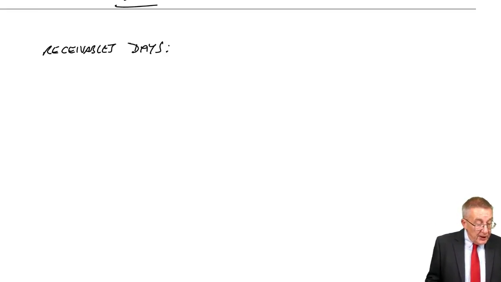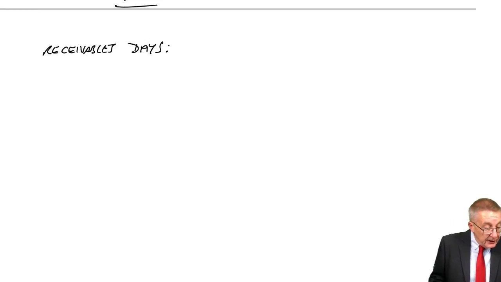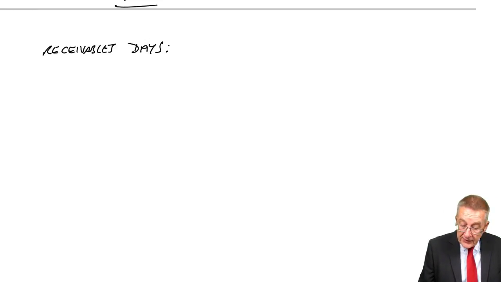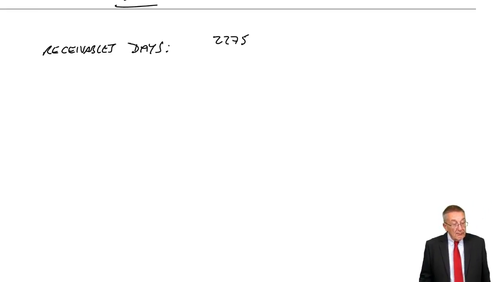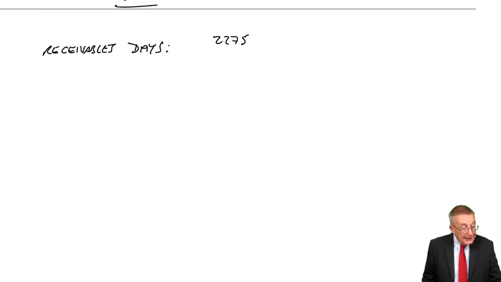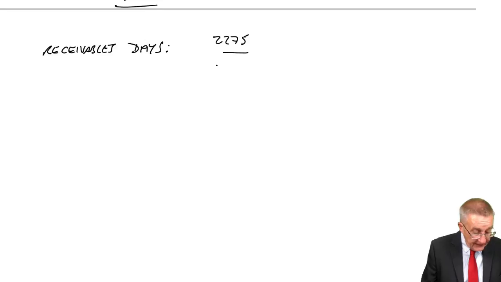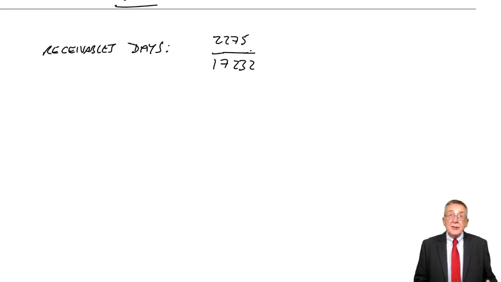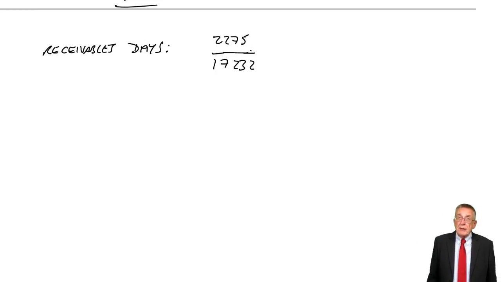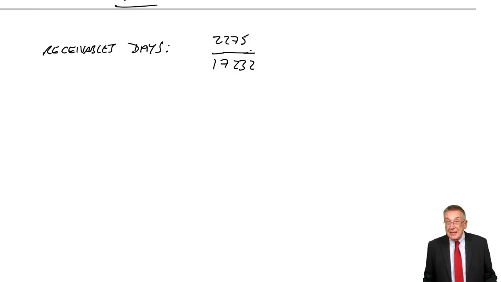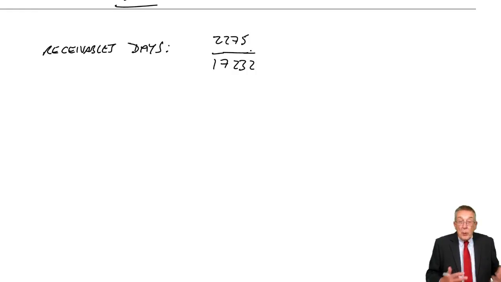And so what is it? Well, we know what the receivables are. At the end of 2010, receivables are 2275. We know what the total sales are. The revenue from the statement of profit or loss is 17,232. And incidentally, in the exam, make the best use of the information available. We should be looking at the sales on credit. If we were given a split, it's the sales on credit we're after, but here we're not.